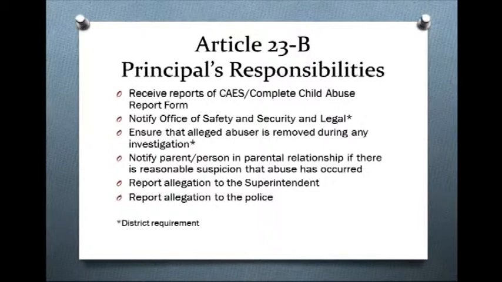Third, you must ensure that an alleged abuser is removed during any investigation to ensure the safety of the child. Fourth, you must notify the parent or person in a parental relationship if there is a reasonable suspicion that abuse has occurred. You must report the allegation to the superintendent, and you must report the allegation to the police.